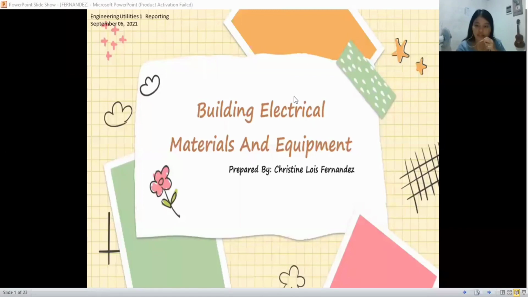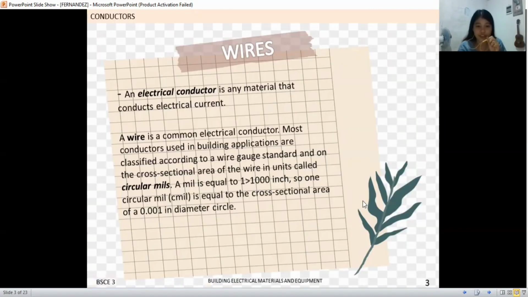First, we're going to know what a conductor, or an electrical conductor, is. An electrical conductor is any material that conducts electrical current. To understand it better, conductors are the ones that transmit energy such as heat, electricity, and even sound. A conductor is always connected with what they call an insulator.